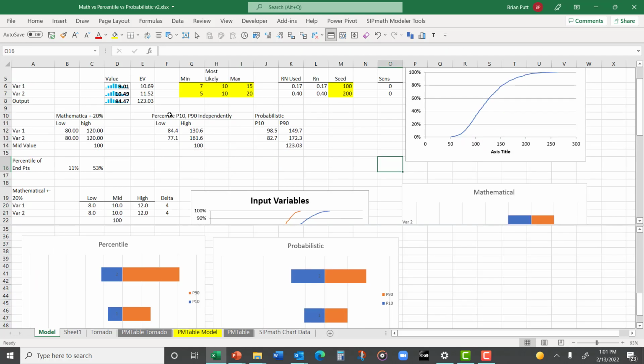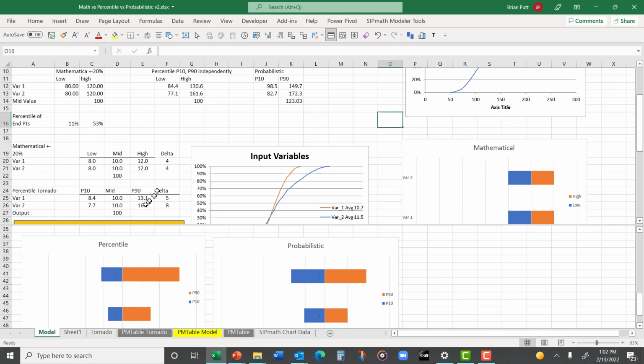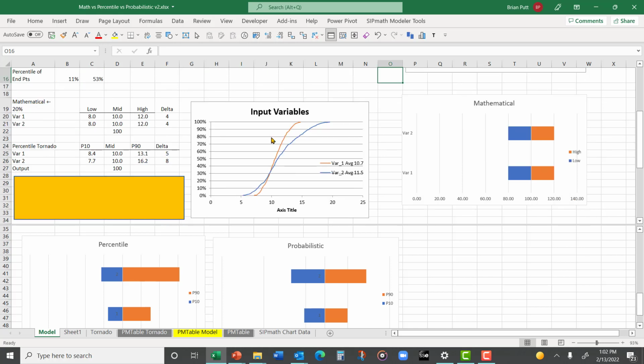So when we do that, we're going to hold the variable 1 at the P10 value, which remember was 8.41, and let variable 2, the blue line here, remain uncertain. And when we do that, we get this result for variable 1. And similarly, when we put variable 1 at the high value but kept variable 2 totally uncertain, you get this value. Similar argument for variable 2.